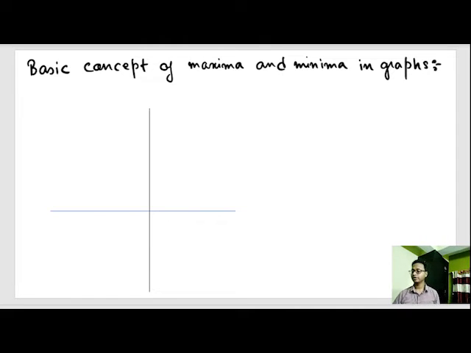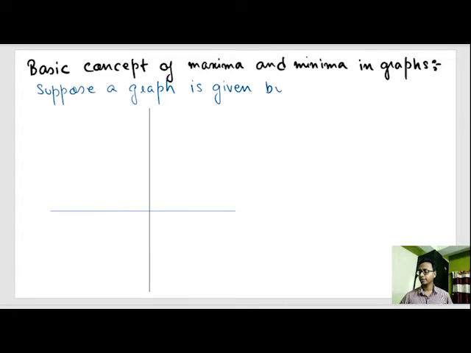Now suppose a graph is given by the equation x is equals to 9t square minus t cube.